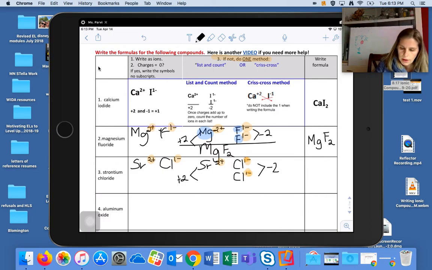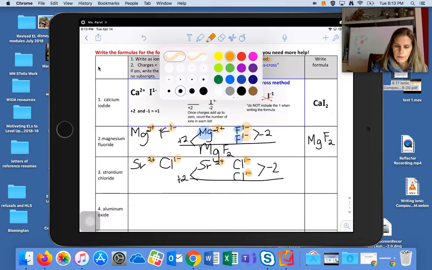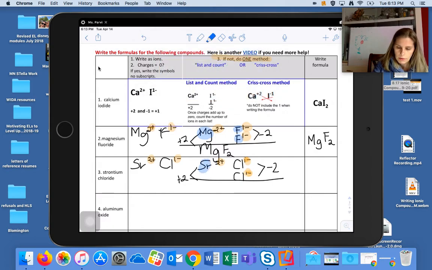So the only thing I have left is to count, what do I have in my list? So how many strontiums do I have? Let's look. Just 1 in my list. So I'm going to write my strontium, and I do not need to write the 1 as a subscript. Again, that is assumed.